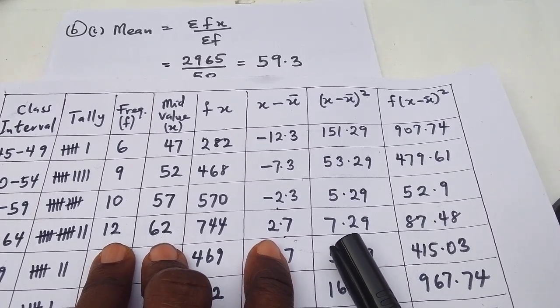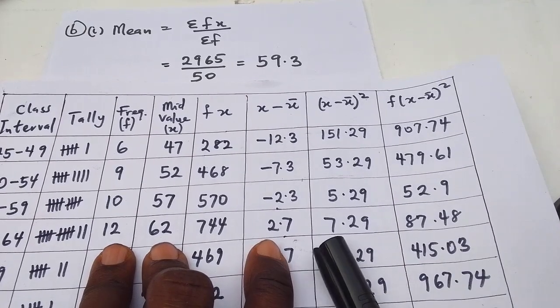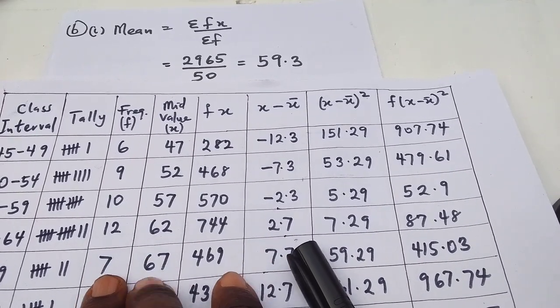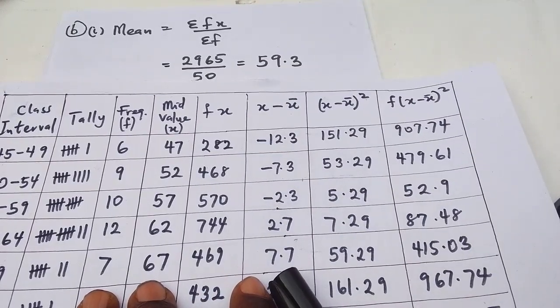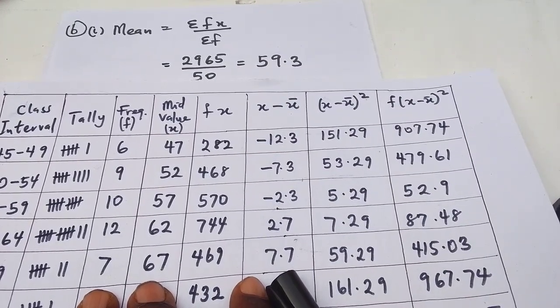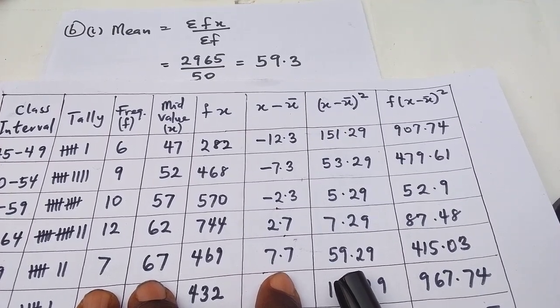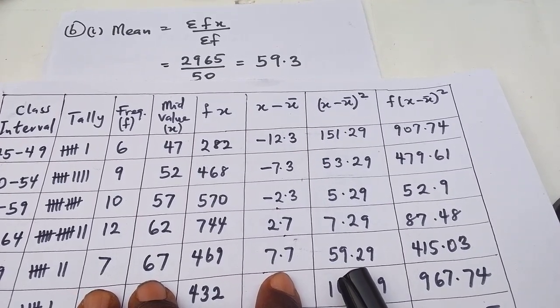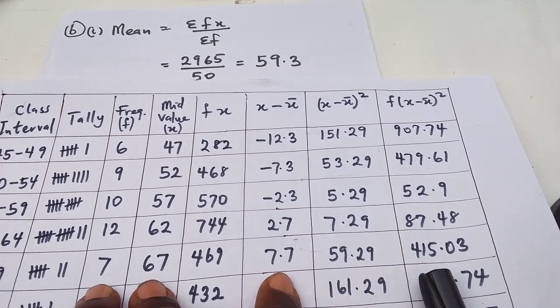So 7.29 times 12 will give us 87.48. The next number is 67. 67 minus the mean gives us 7.7. 7.7 squared is 59.29. You now multiply 59.29 by the frequency.